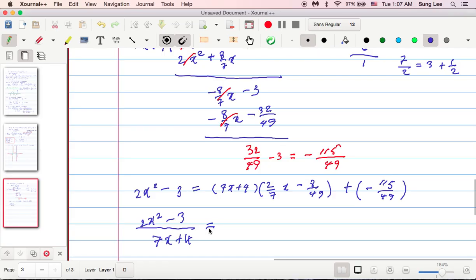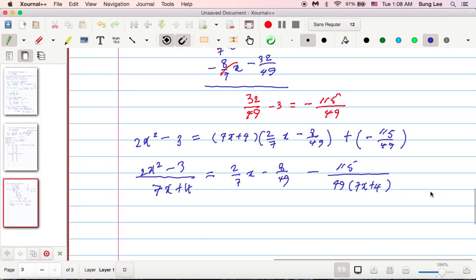So that leaves 2 over 7 x minus 8 over 49 minus 115 over 49 times 7x plus 4.